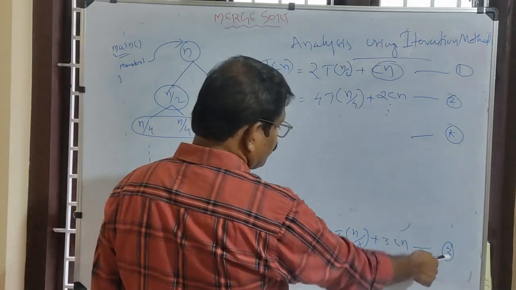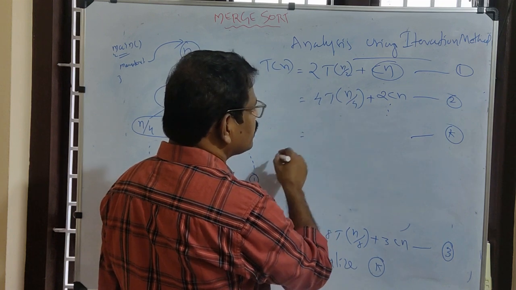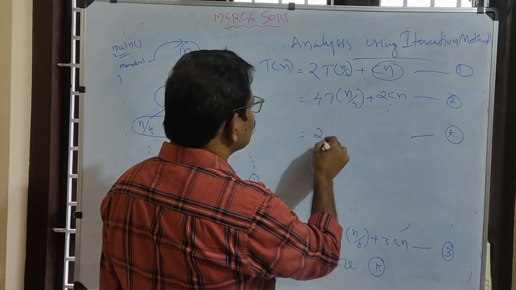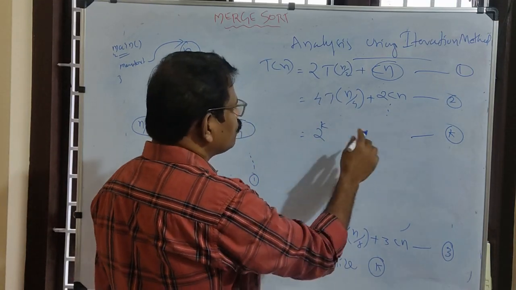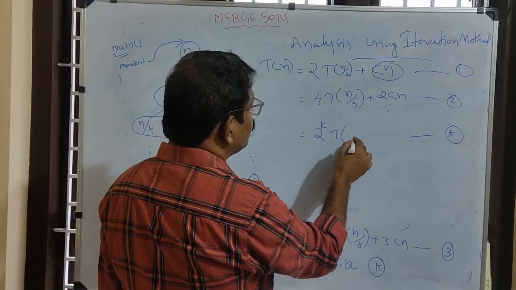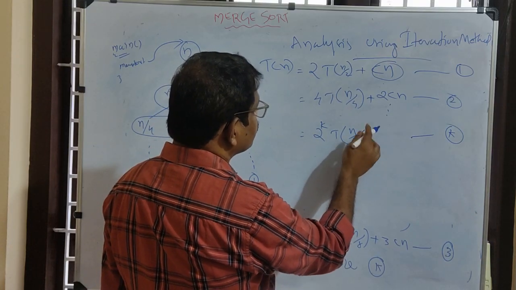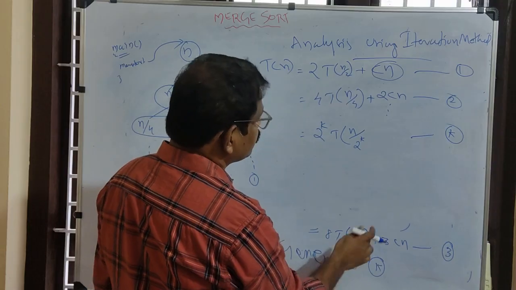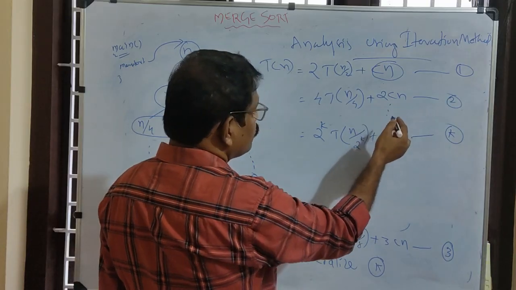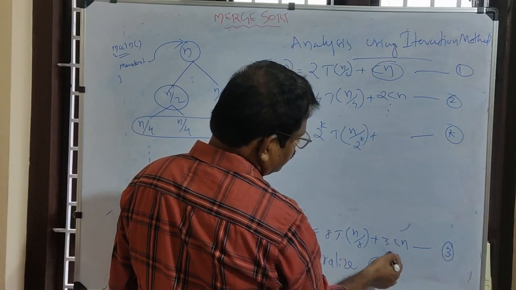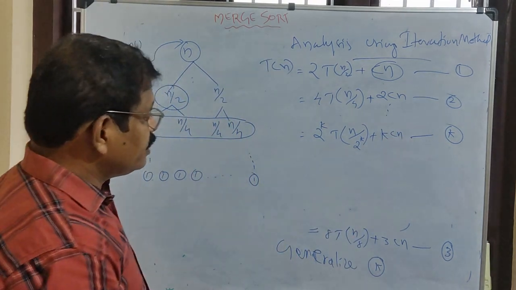What is the relation between this equation number and these values? We can write it is 2 raised to k, here it is 2 raised to 2, here it is 2 raised to 3, so 2 raised to k T(n/2^k), plus here equation number is 2, you have 2Cn, here equation number is 3, you have 3Cn, so it is kCn. This is the generalized equation.